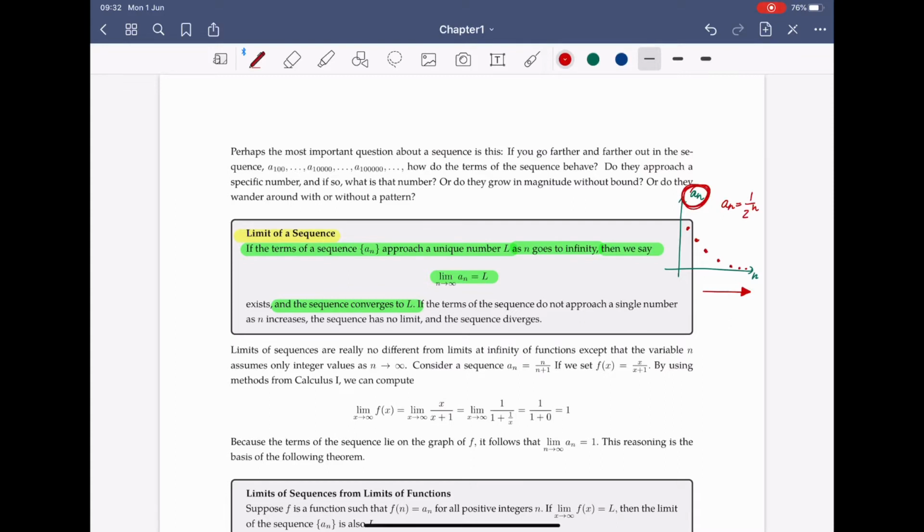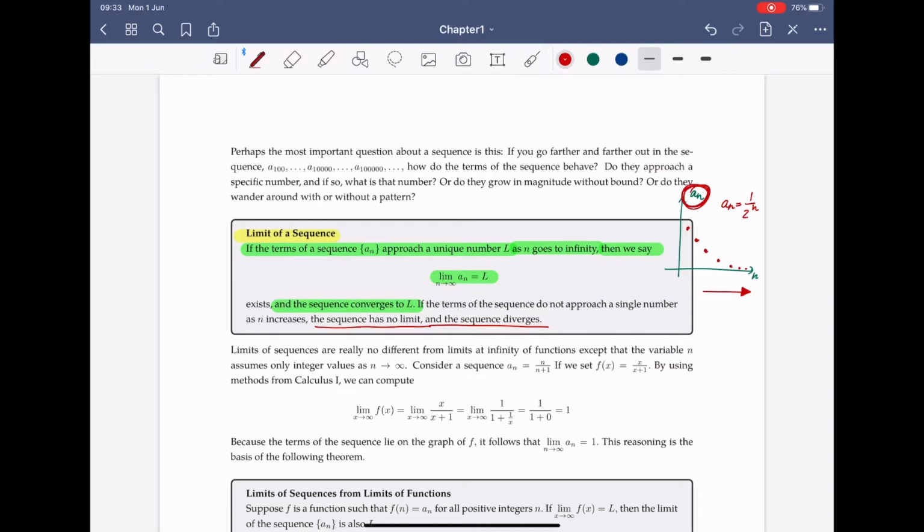This is what we are interested in about sequences. Basically, the question that you're going to see in this section is just to check if the sequence is convergent or divergent, so you need to find the limit. Here I give you another term: if the sequence has no limit, we say that the sequence is divergent, or the sequence diverges.